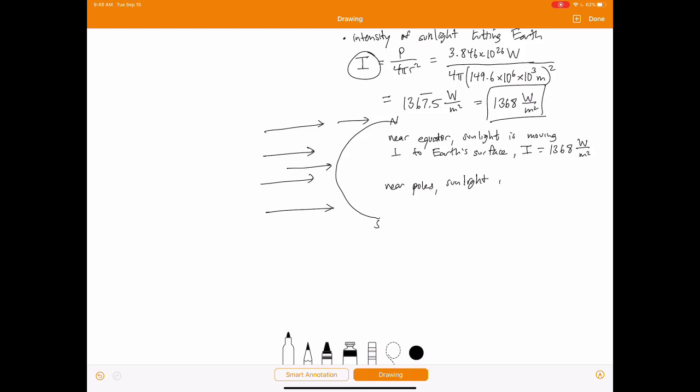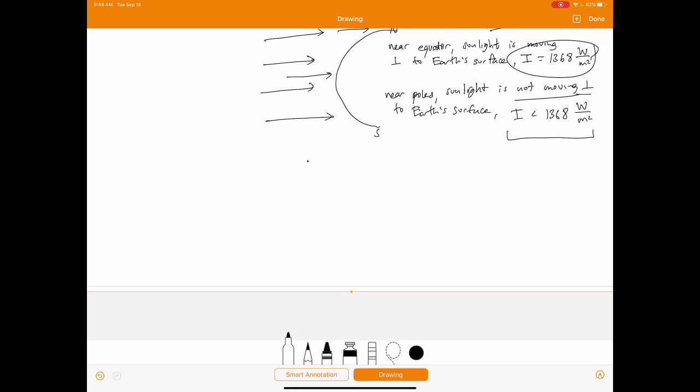So the sunlight is not moving perpendicular to Earth's surface, and therefore the intensity is actually less than what we calculated. So strictly speaking, this would be the intensity if you're right at the equator. As you start moving towards the poles, you'll get something less than that. Okay?